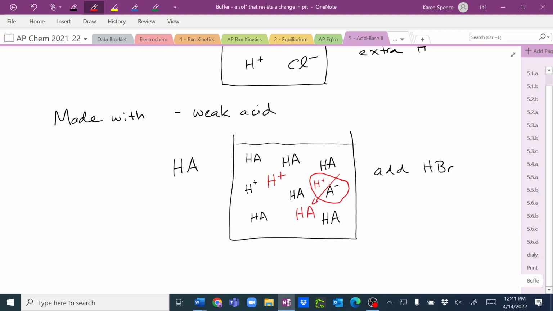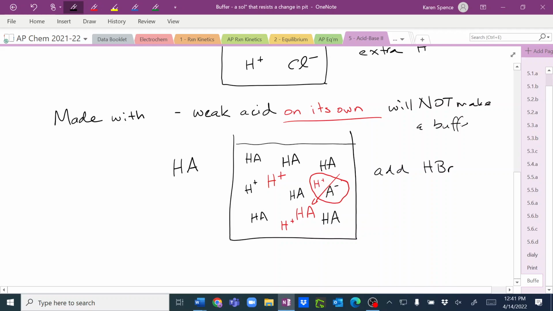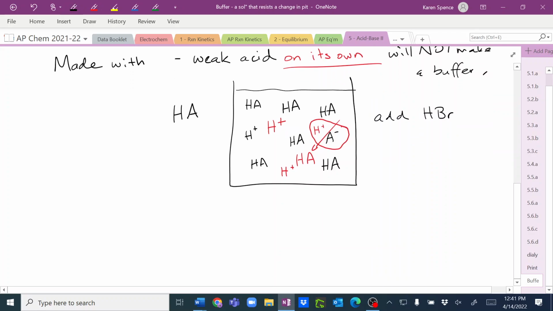It can't do anything with that H plus, so the H plus concentration would increase. So a weak acid on its own will not make a buffer, because it can't sop up that extra H plus.